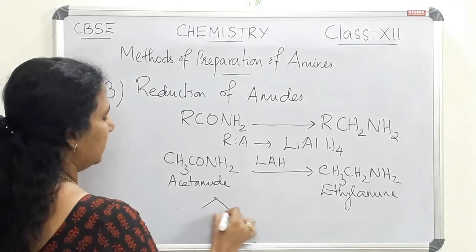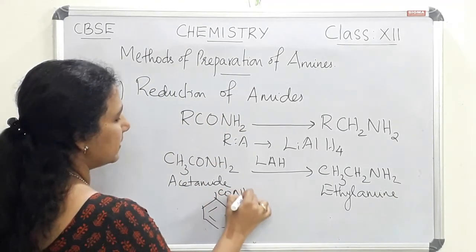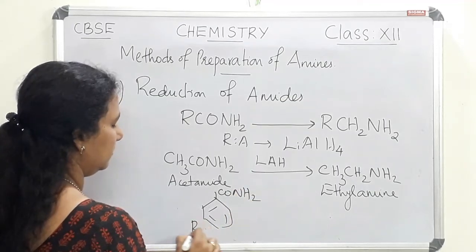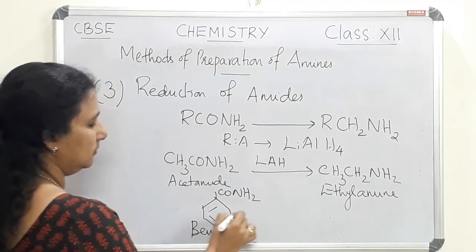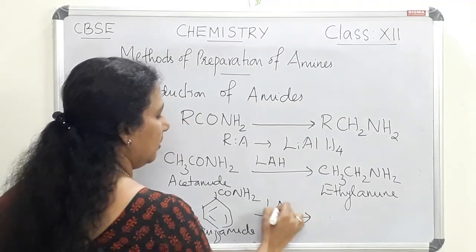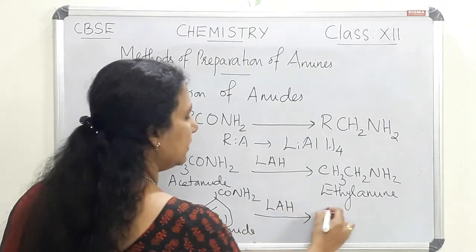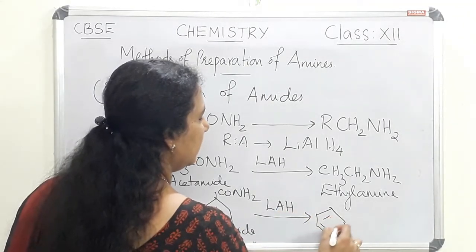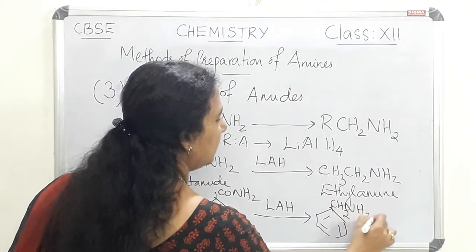Let us write another example. If it is benzamide, CONH2 group on benzene ring, on reduction with lithium aluminum hydride, we will get again the corresponding amine.